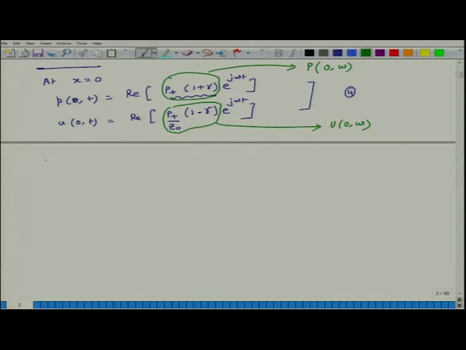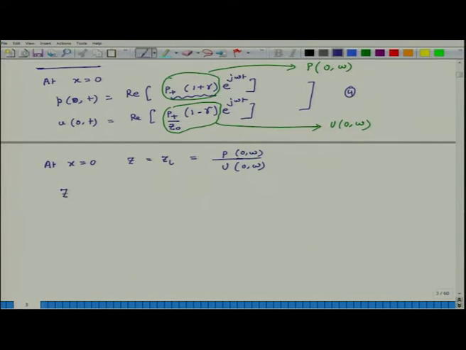So, now we know that at x is equal to 0, impedance is Z, and that is equal to ZL. And how do we define impedance? It is nothing but the complex amplitude of pressure at location 0 and the complex amplitude of velocity at location 0.